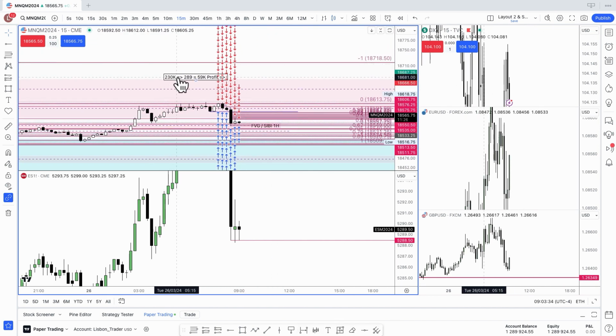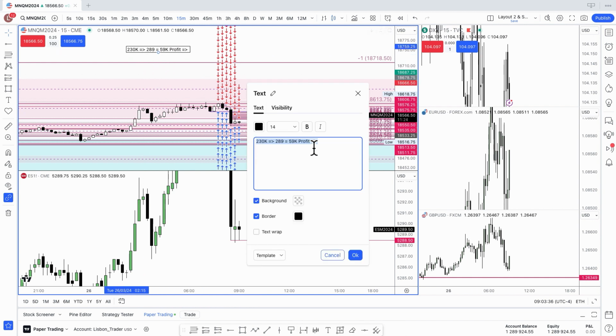This was from yesterday, so 1 hour plus 30 minutes, and we are sitting in growth. We are at 29%.